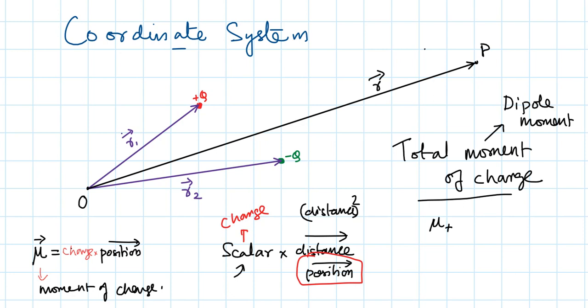Mu plus will be the moment of charge of the plus q charge, and that will be plus q times the position vector of plus q, which is r1, and we have the moment of charge of the negative charge, which is minus q times the position vector of the negative charge, which is r2.